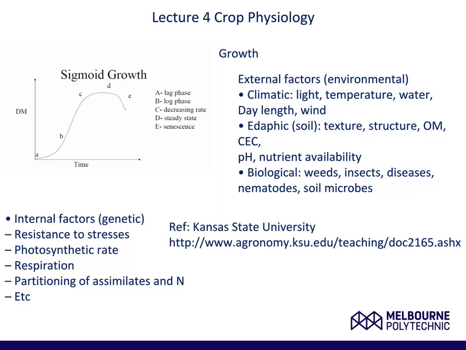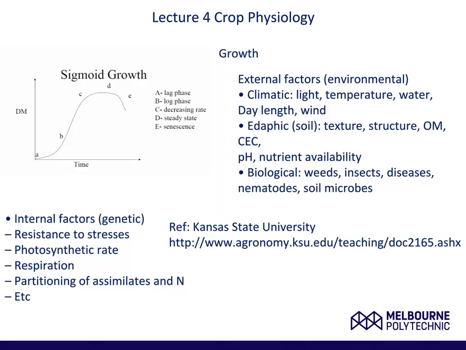This is where growth occurs very quickly. Then in section C you'll have a decreasing rate. In section D you'll have a steady rate, and then in the last section E you'll see a decline, and this is usually due to senescence. Senescence is the technical word we use for plant reduction or cell death.